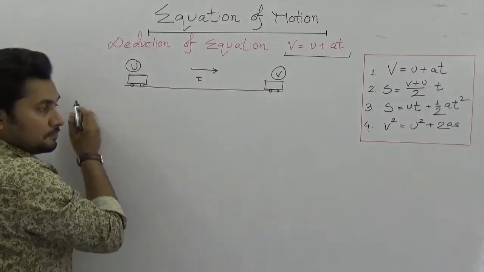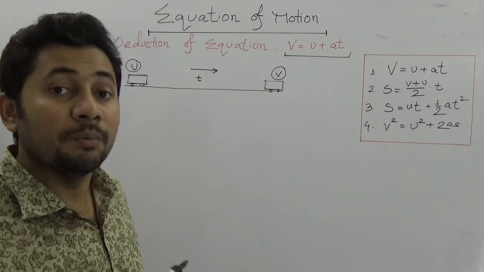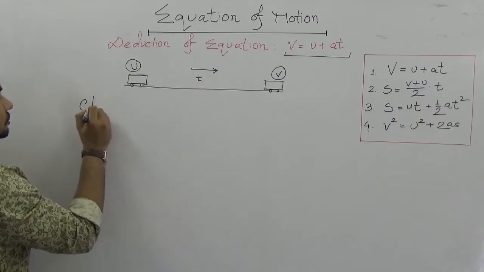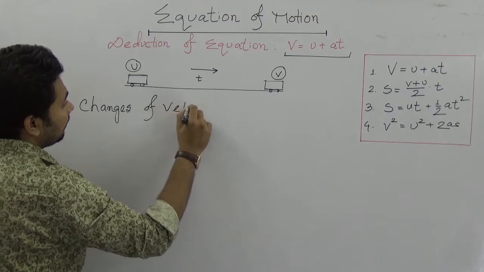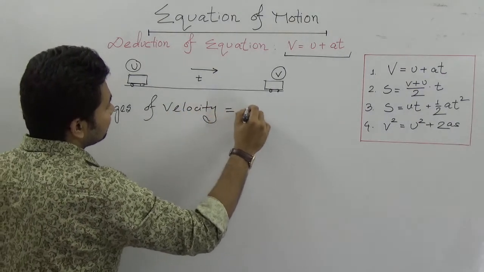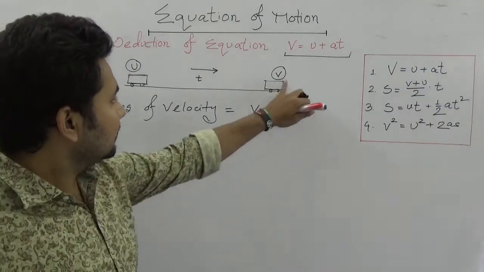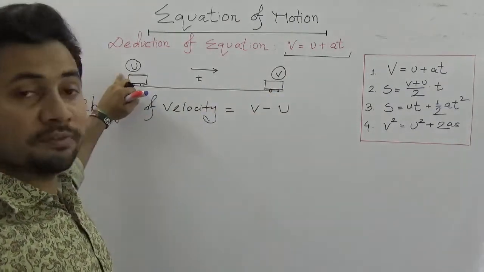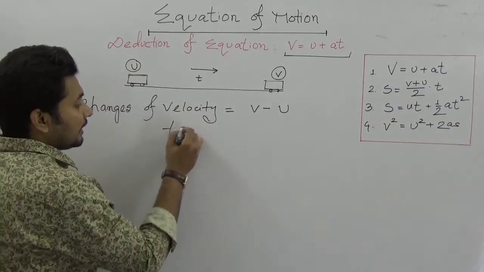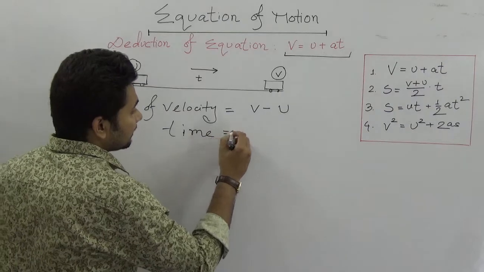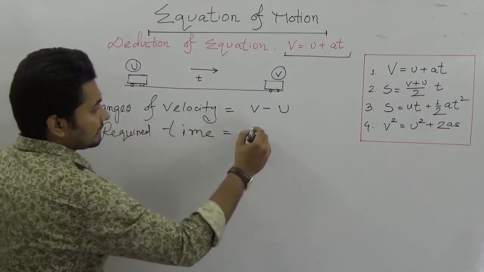then following the definition of acceleration, we know that the change of velocity would be v minus u, because this is the final velocity and this is the initial velocity. And the time required would be t.